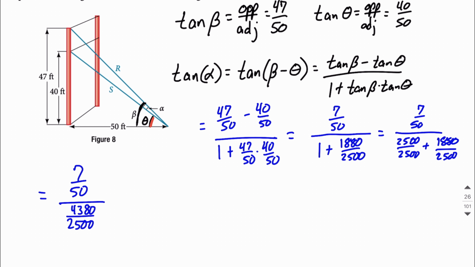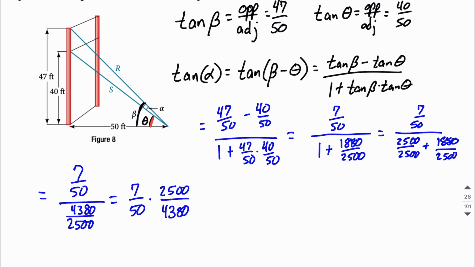Okay, from here, let's multiply by the reciprocal of the denominator. I learned this initially as keep, change, flip, but instead of dividing one fraction by another fraction, let's multiply by the reciprocal of that bottom fraction. So I'm flipping it upside down, basically multiplying both numerator and denominator by 2,500 over 4,380.